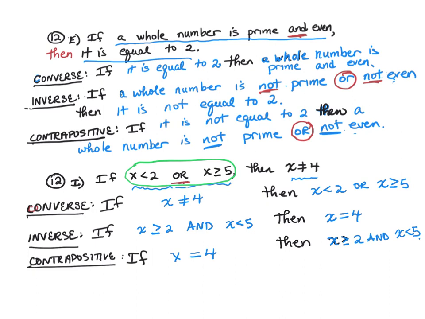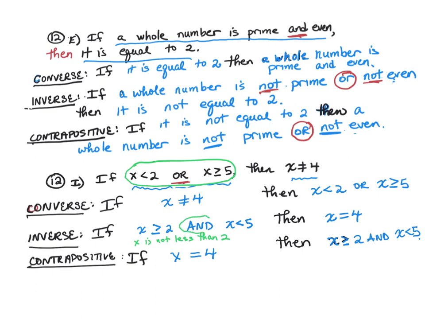Well, if x is not less than 2, in math, we could just say x greater than or equal to 2, okay? But that greater than and equals has to be included because that is considered the complementary or negation. The or becomes an and.